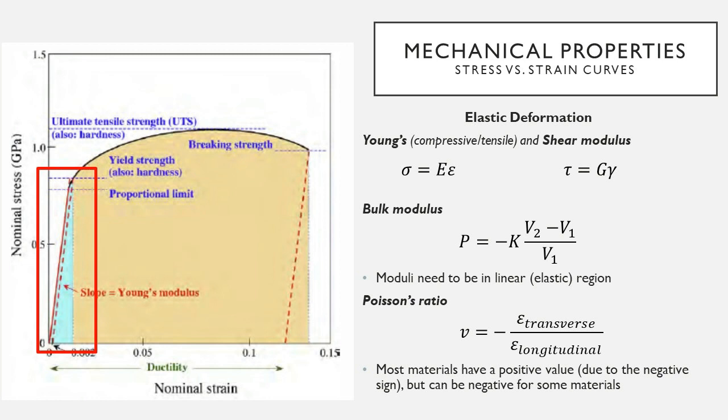That's where the curve starts to kind of meander off. Okay, so whenever we see that linear line, we know that we're in the elastic deformation stage, and whenever it's no longer linear, then we know that we're in plastic deformation. Now, within elastic deformation, the most commonly reported value I see is the Young's modulus. So that's almost the most important piece of information that you can take away from that graph. And what that is, it's the slope of that linear line.